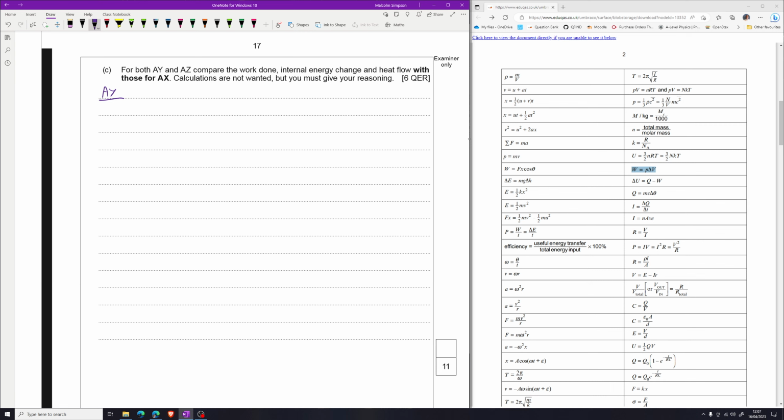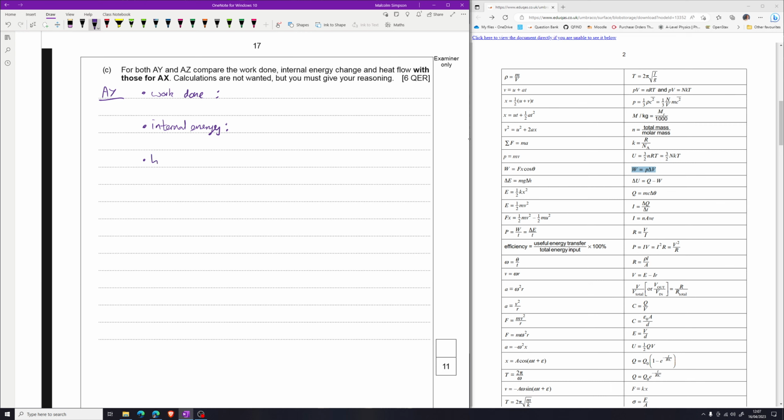That's a heading. Work done. As my kind of first bullet point. Leave myself some space. Internal energy change. Leave myself some space.